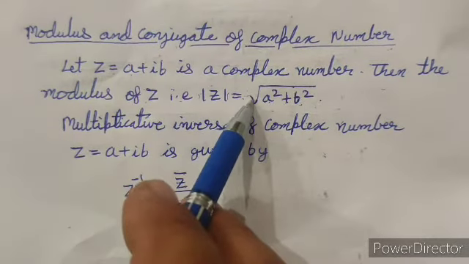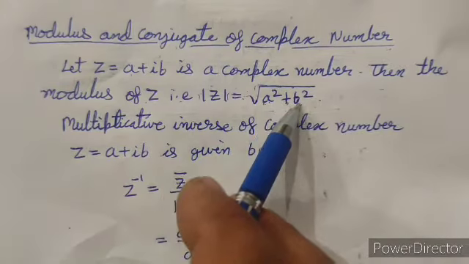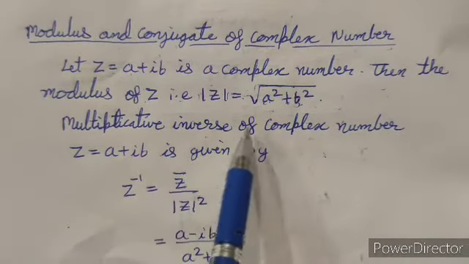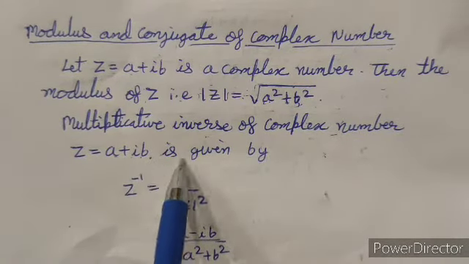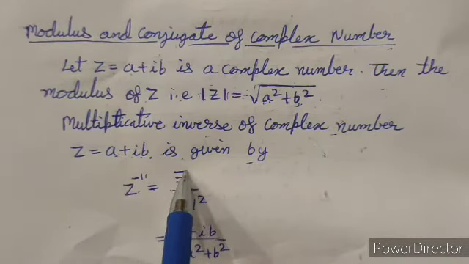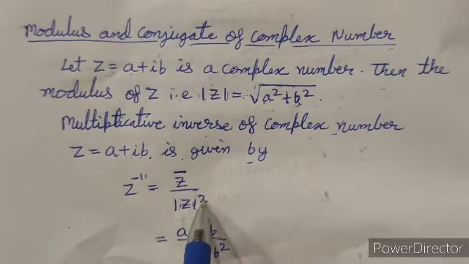That will be under root of square of the real part plus square of the imaginary part. Now, multiplicative inverse of a complex number z equal to a plus ib is given by z inverse equal to conjugate of z upon modulus of z square.